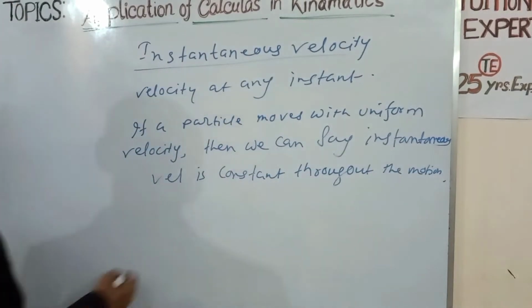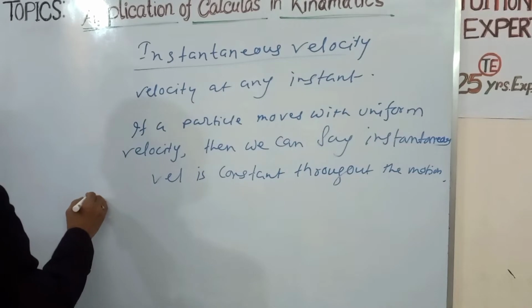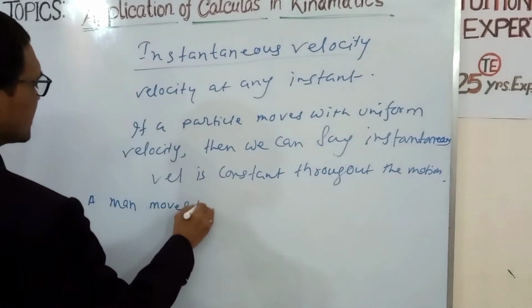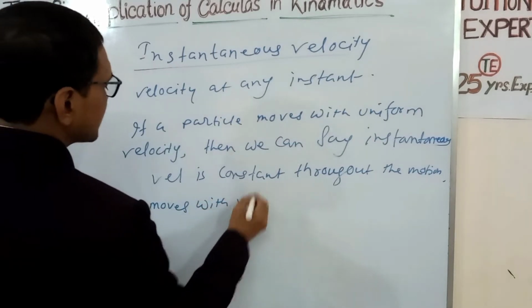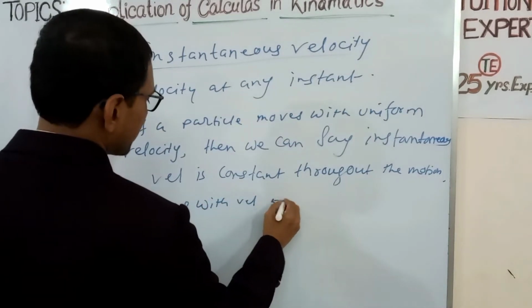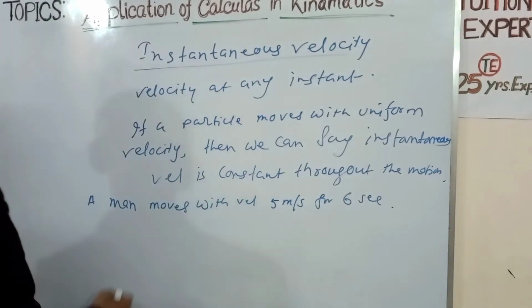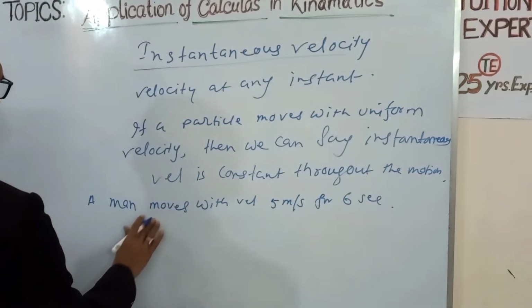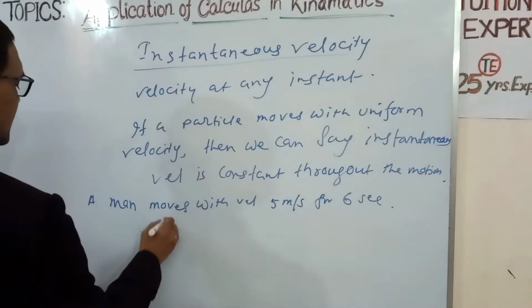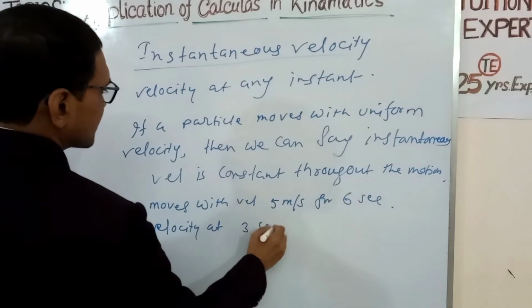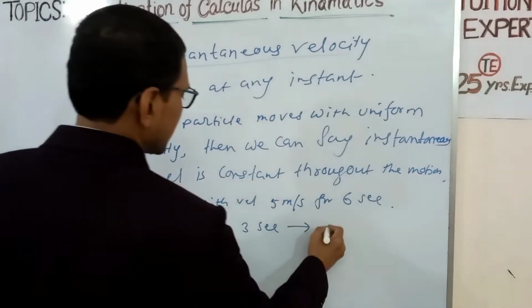Now, suppose a man moves with velocity 5 meter per second for 6 seconds. So we can say that instantaneous velocity, or velocity at 3 seconds, is 5 meter per second.